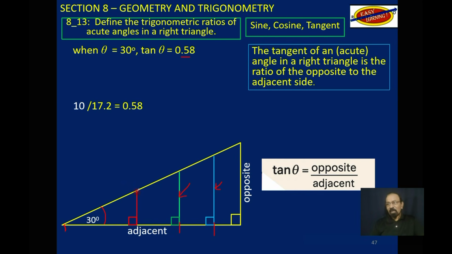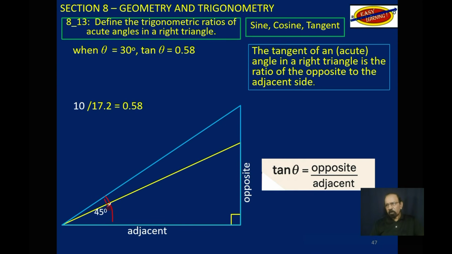And if you take another perpendicular here, this opposite is 0.58 of from here to there, this adjacent, 0.58. Let's consider a larger angle, 45 degrees. Notice that this opposite here increases, whereas the adjacent remains the same.